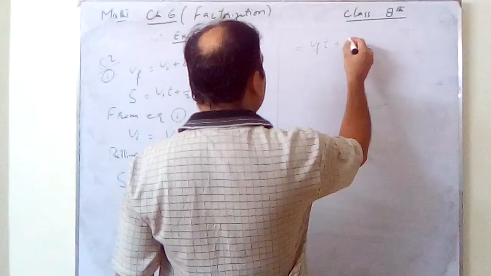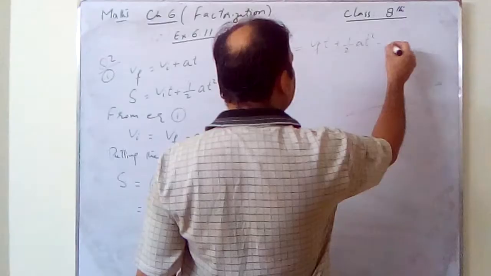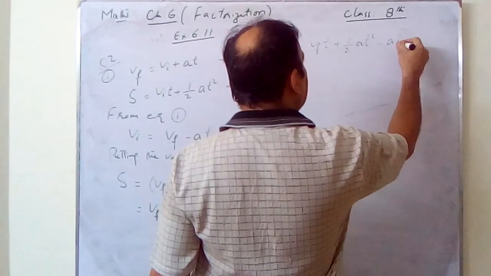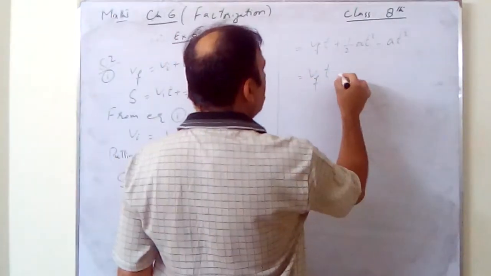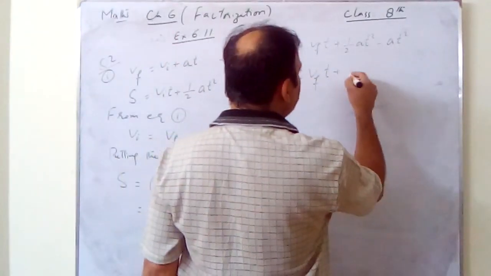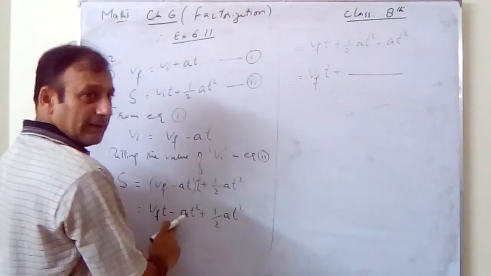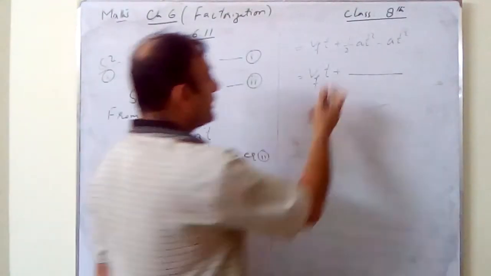Vft plus 1 over 2 At square minus At square. Take the LCM. I have written plus value first, minus बाद में. डायरेक्टली भी हो जाएगा लेकिन ये इजी हो जाएगा.